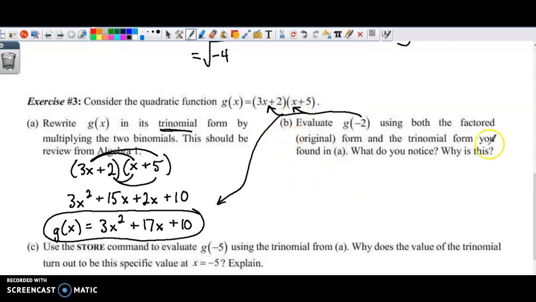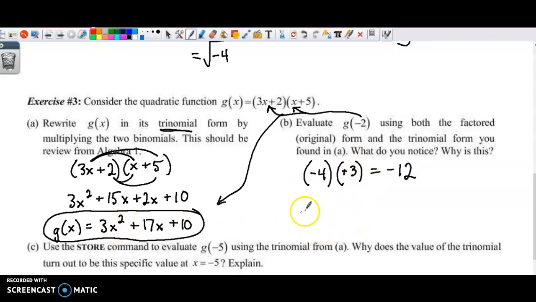So let's do this without a calculator. If we did the top factored form, 3 times negative 2 is negative 6 plus 2 is negative 4. And negative 2 plus 5 is positive 3. Don't mess up like I did. And you would get negative 12 when you multiply that out.